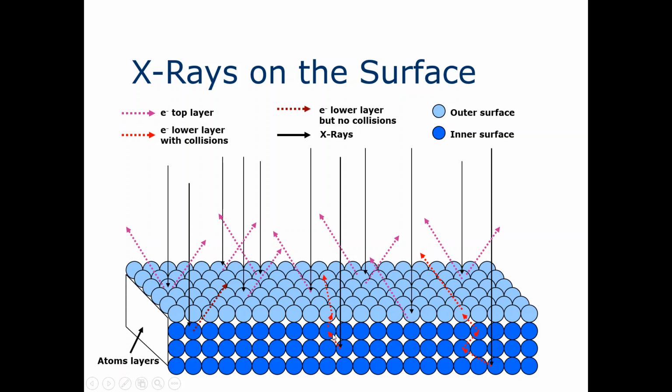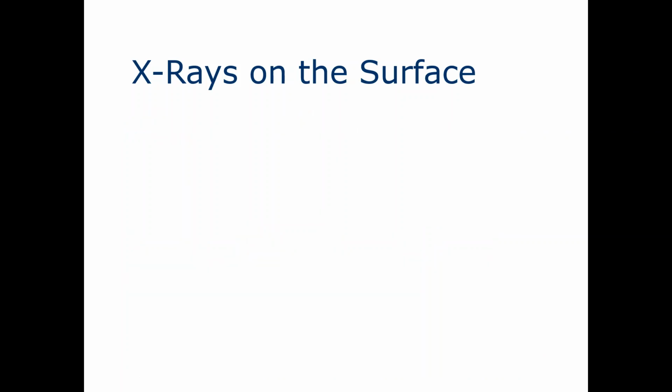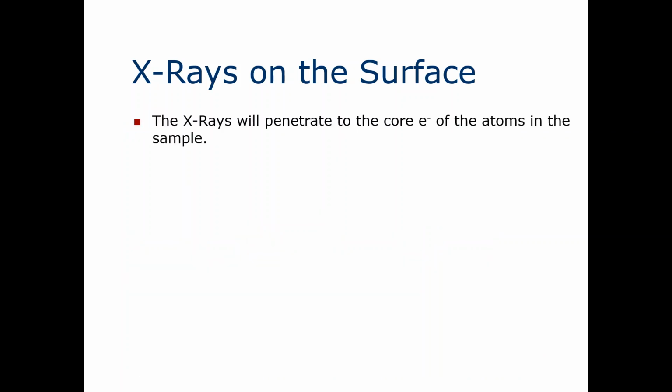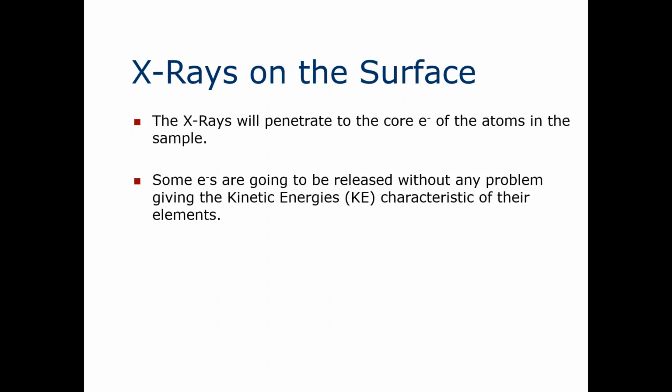Let's explain all these things in detail. First, the X-ray will penetrate to the cores of the atoms in the sample, which you have observed on the previous slide. Then some electrons are going to be released without any problems, giving the kinetic energies characteristic of their elements.